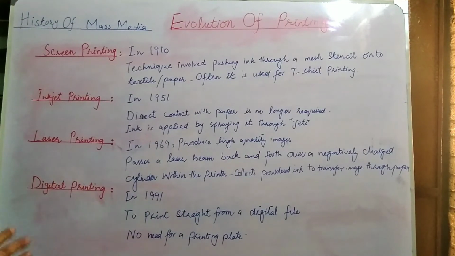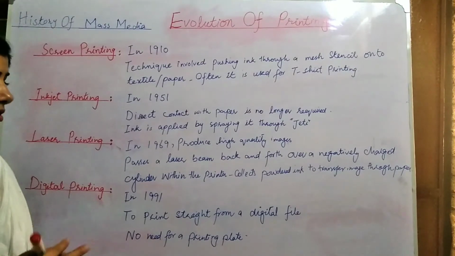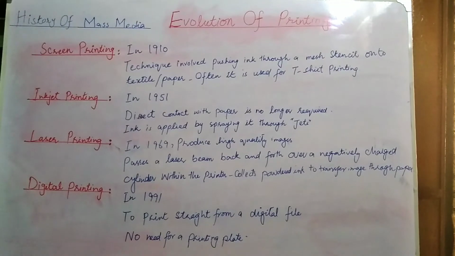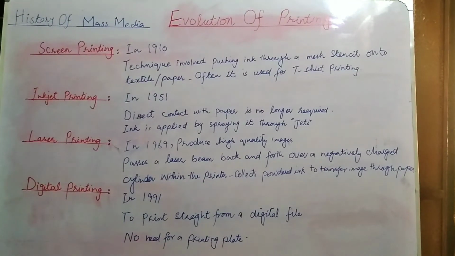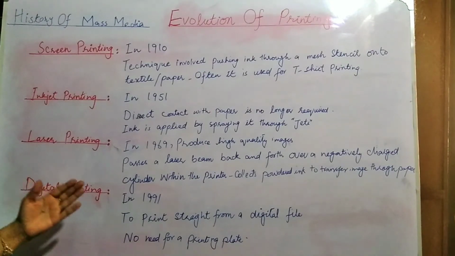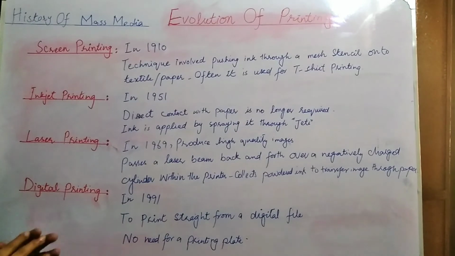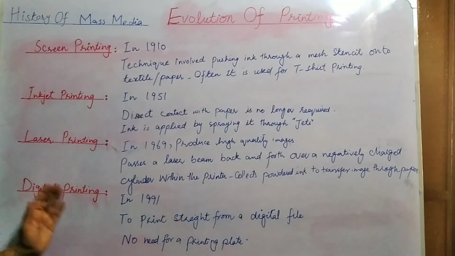It collects powder ink and then transfers the image to paper. Digital printing. Digital printing was introduced in 1991. It prints straight from a digital file. We don't need a printing plate in digital printing.